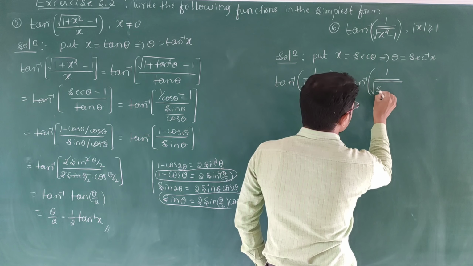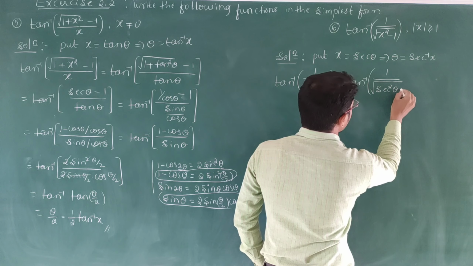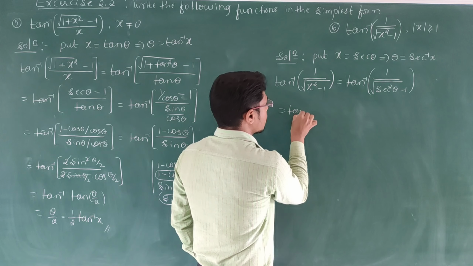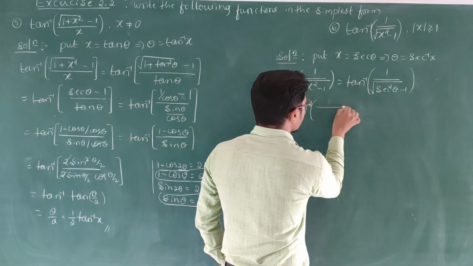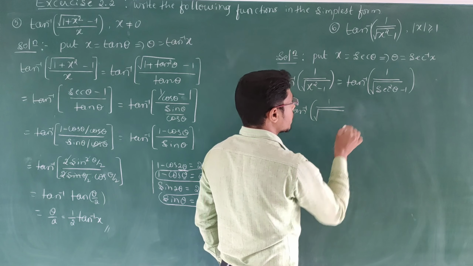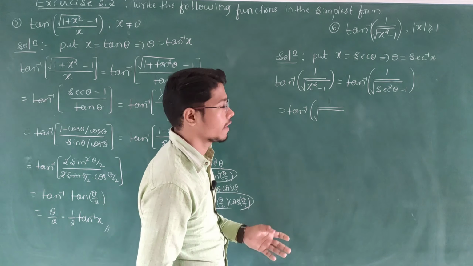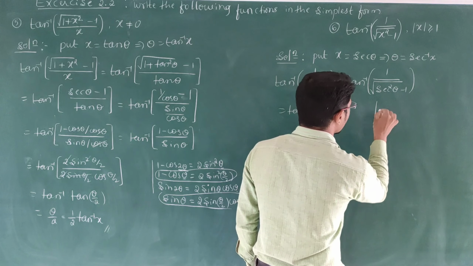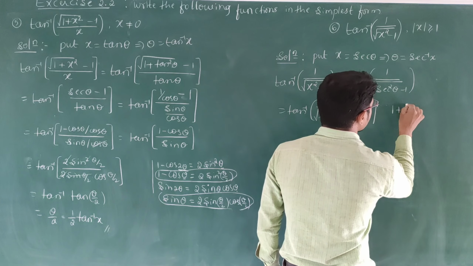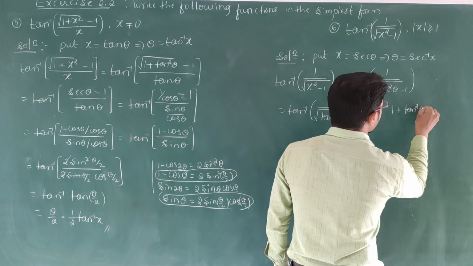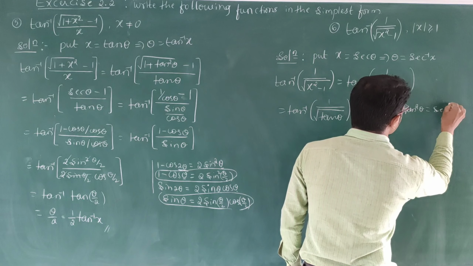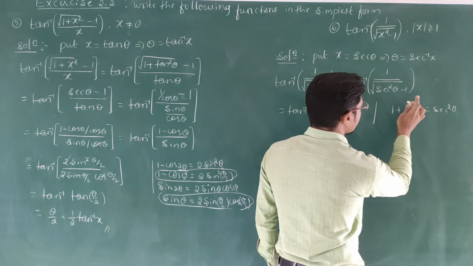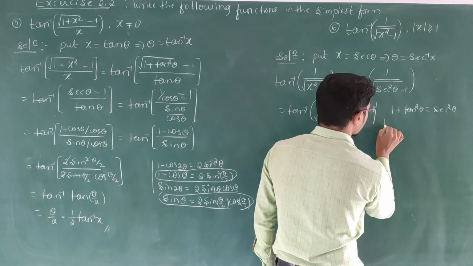secant square theta minus 1 under the square root. Secant square theta minus 1 is tan square theta, since 1 plus tan square theta is equal to secant square theta, so take 1 to that side.